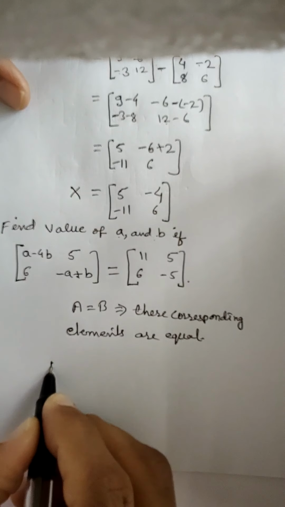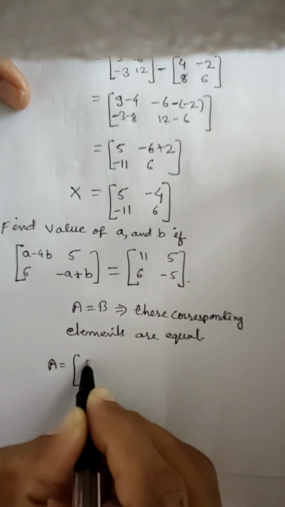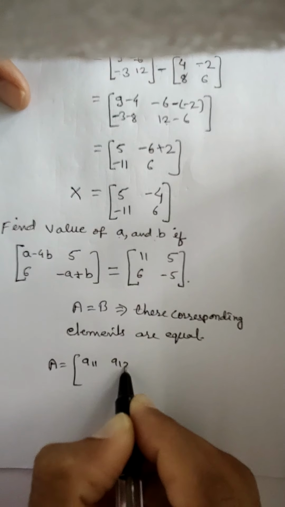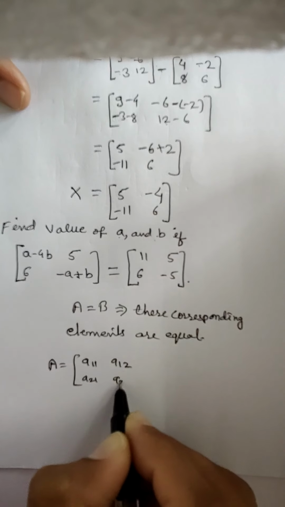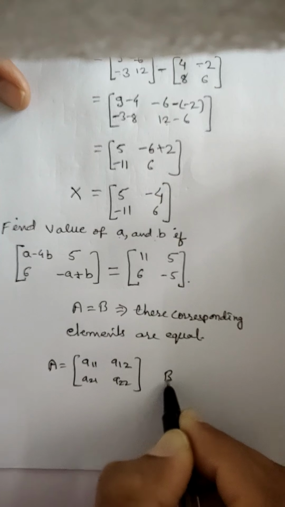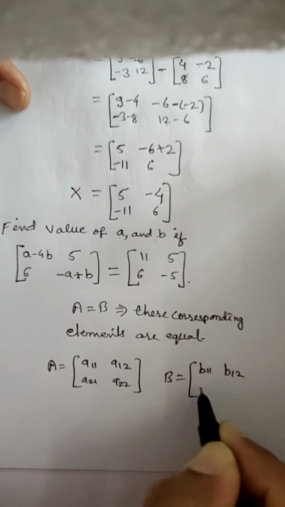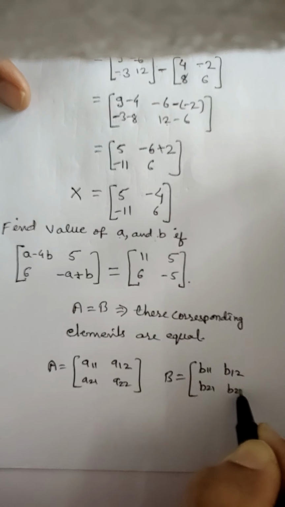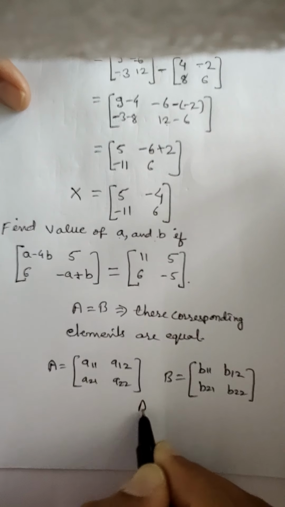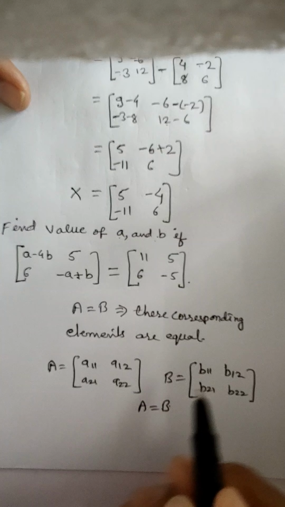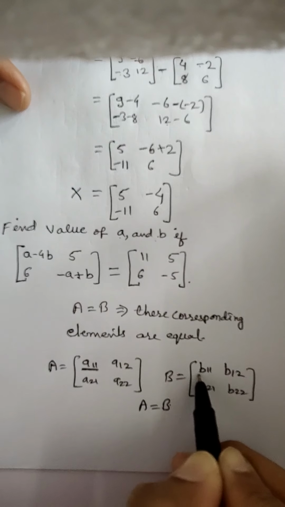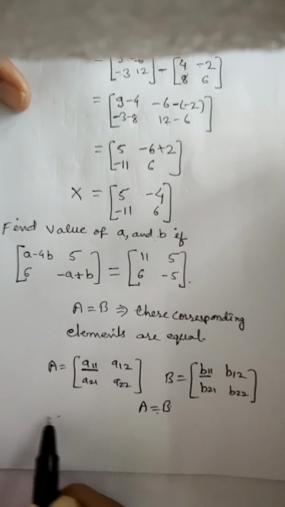What does it mean? Suppose A is A11, A12, A21, A22 and B is B11, B12, B21, B22, and it is said that A is equal to B. So it means A11 is equal to B11. What does this imply?